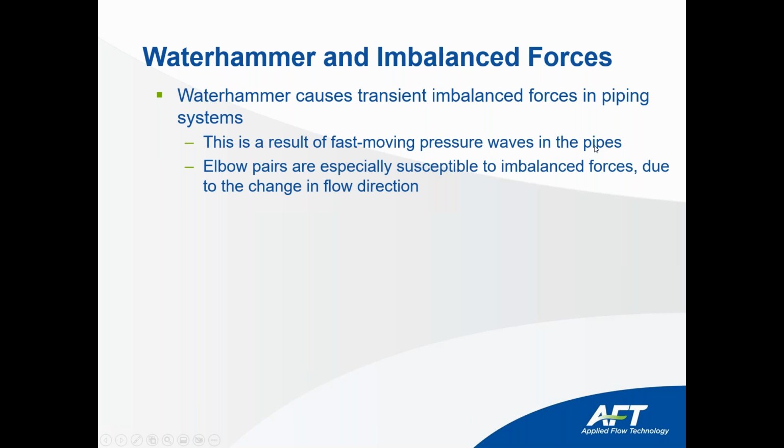Elbow pairs are especially susceptible to imbalance force due to the change of the flow directions of the system. And it's important because this imbalance force can be seen by the supports that you design, and they need to be able to handle these forces. This is one of the main concerns of the pipe stress engineer.